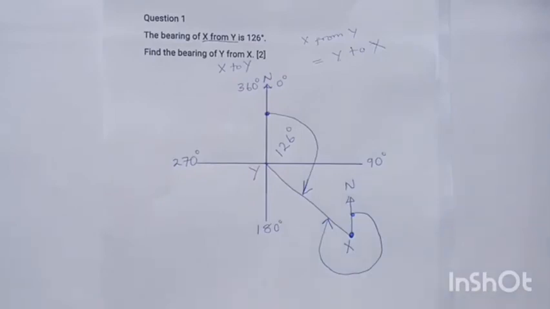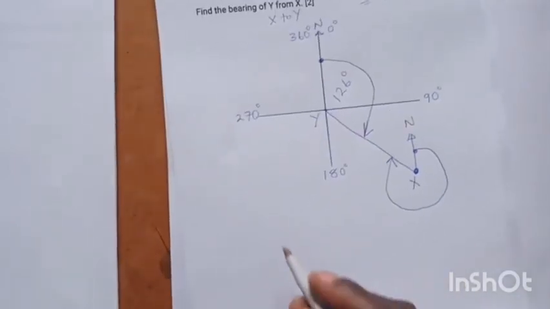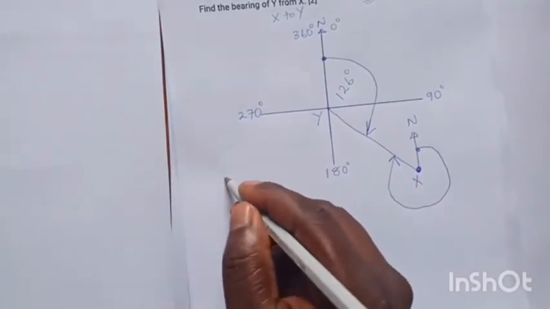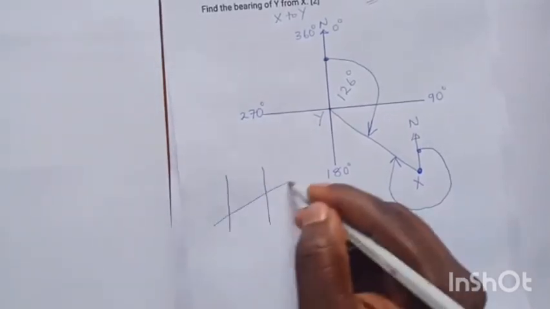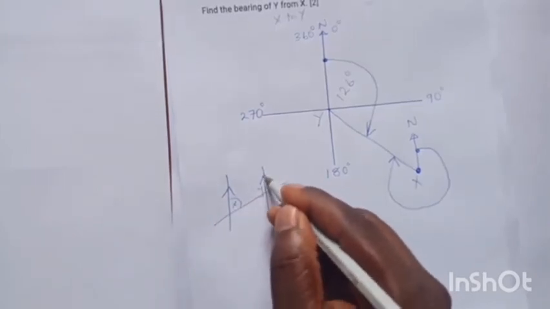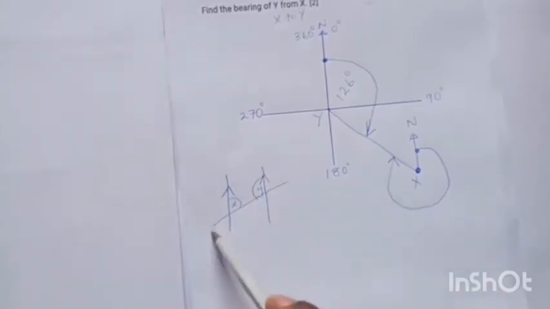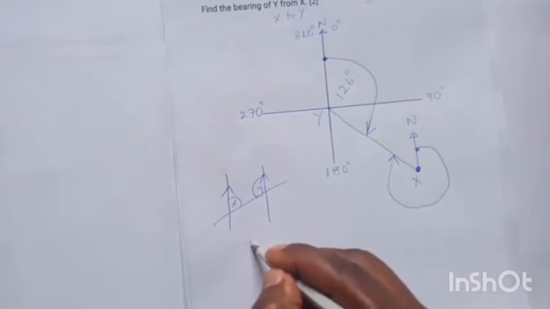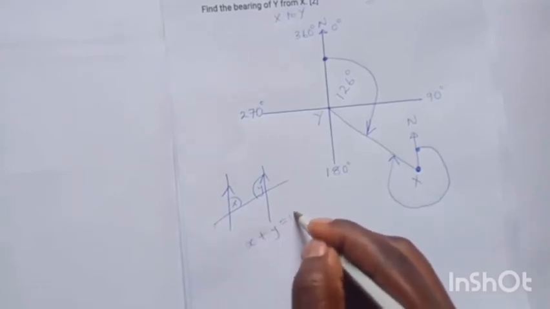Right. So remember, I told you about the theorem of allied angles, or co-interior angles. These are angles which are between the parallel lines, and they are on the same side of the transversal. Allied angles add up to 180. So x plus y is equal to 180.